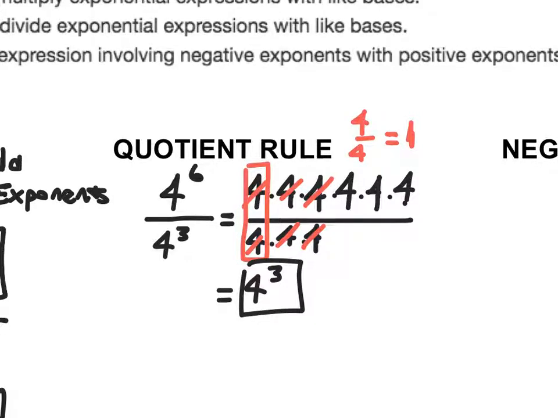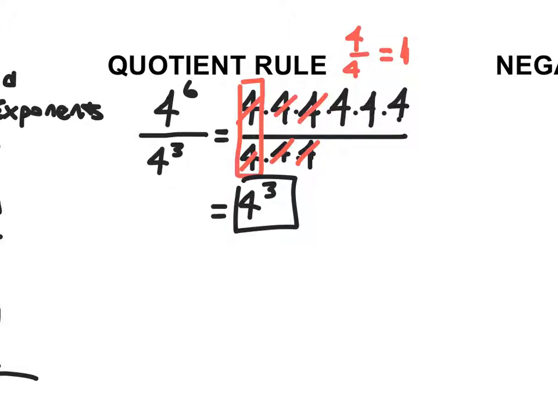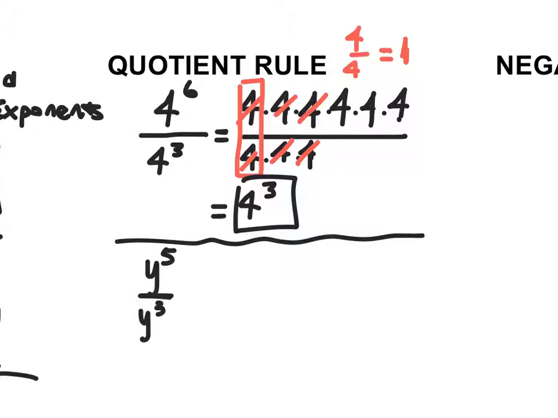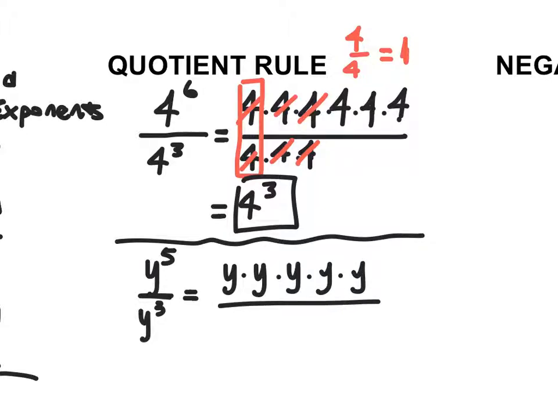All right, let's think of using this with variables. Let's use a different variable here, say the variable y. Let's say y to the 5th divided by y cubed. y to the 5th means that I'm going to do y times itself 5 times, so 1, 2, 3, 4, and 5, divided by y cubed, so that's 1, 2, and 3.